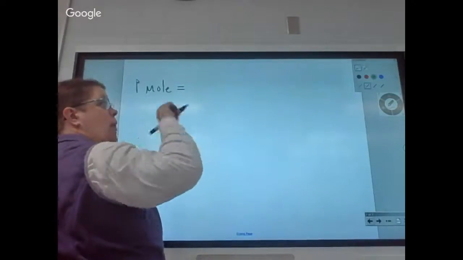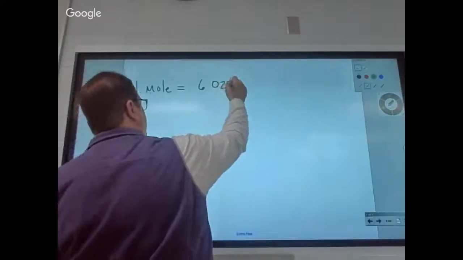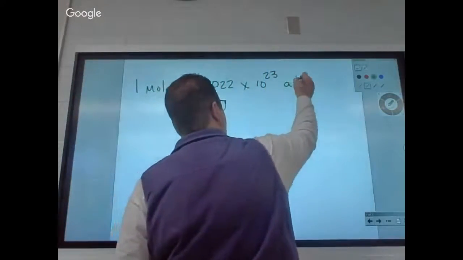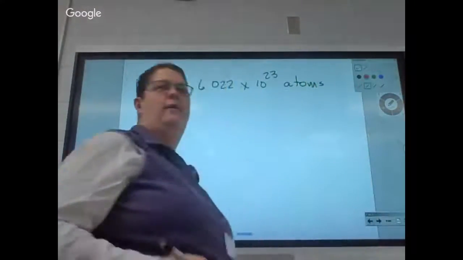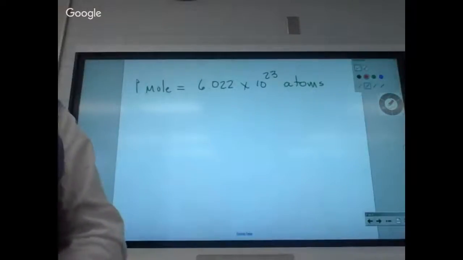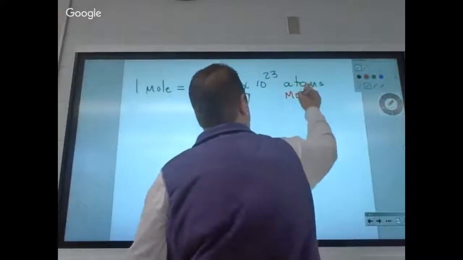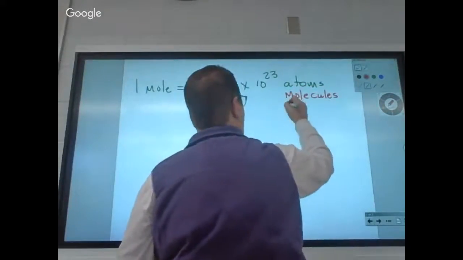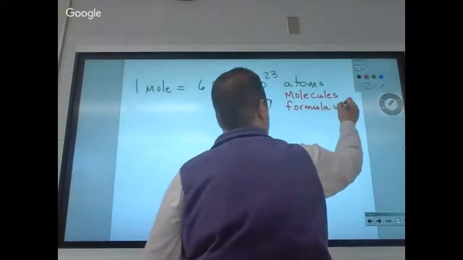So 1 mole is equal to 6.022 times 10 to the 23rd atoms. Now, we're going to add to that today. We're going to add molecules and formula units.